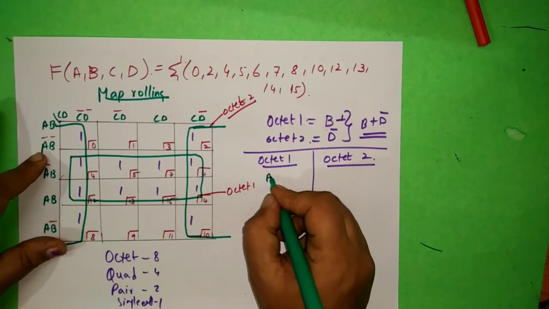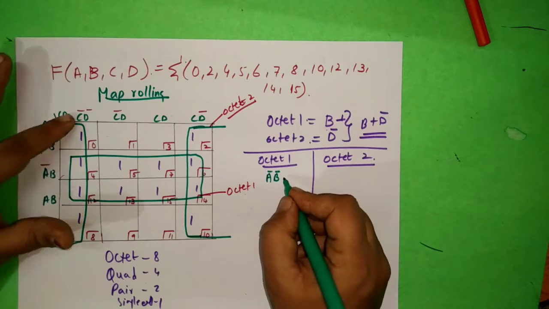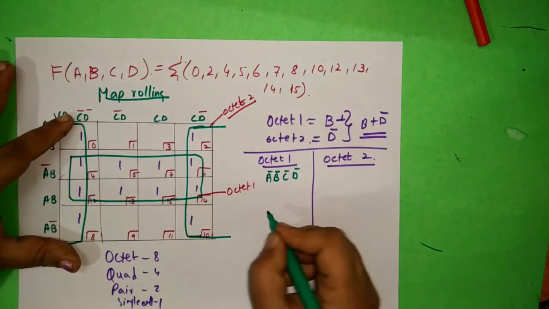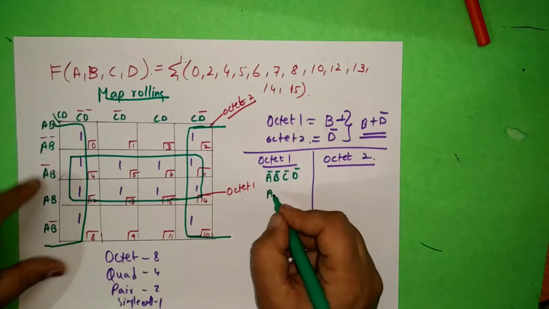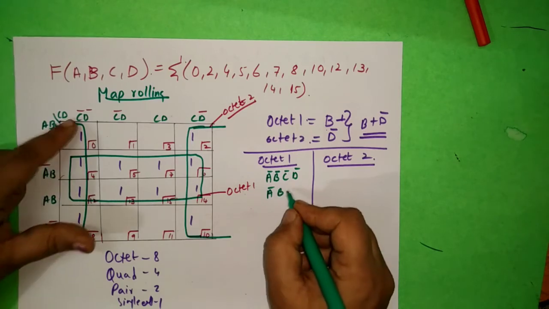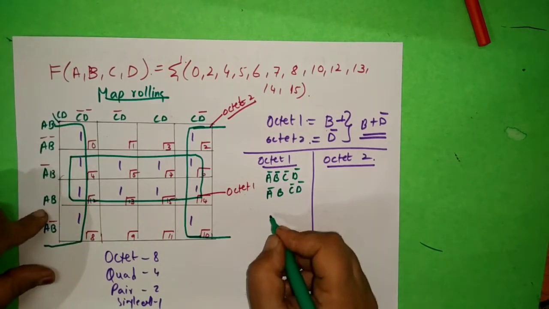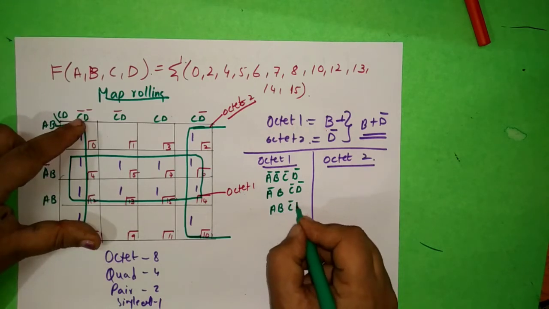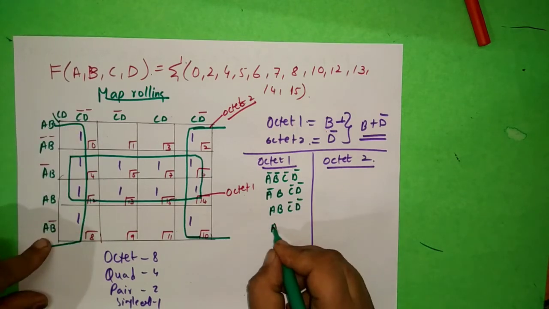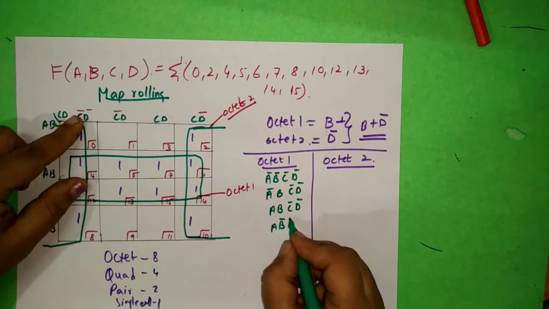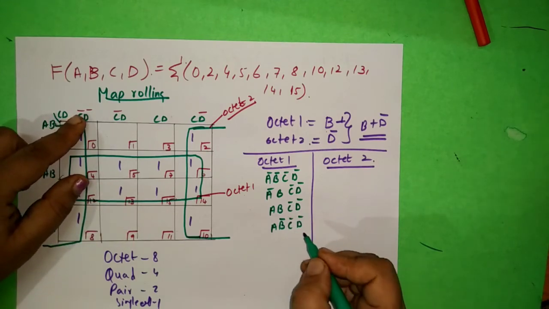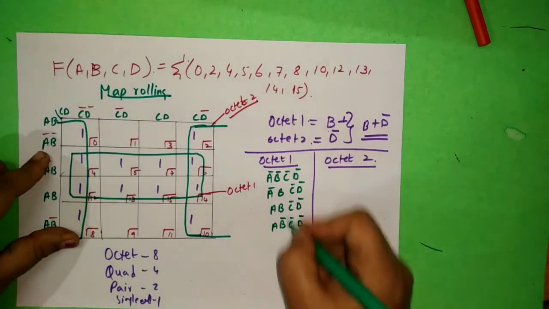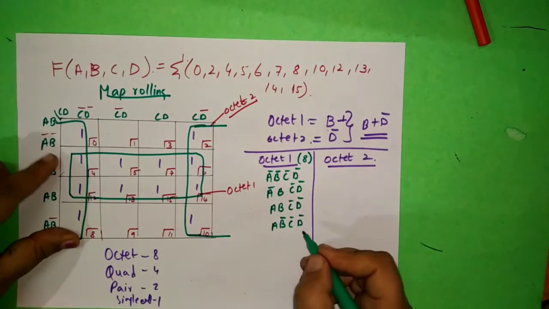It is A complement, B complement. Now I'm going to take this C complement, D complement. Again, I will take this A complement B, C complement, D complement. Then I will take A, B, okay, C complement, D complement. Again, I will write A, B complement, C complement, D complement. Is this clear? Now it is 8. Octet means 8. So 8 terms should be there.